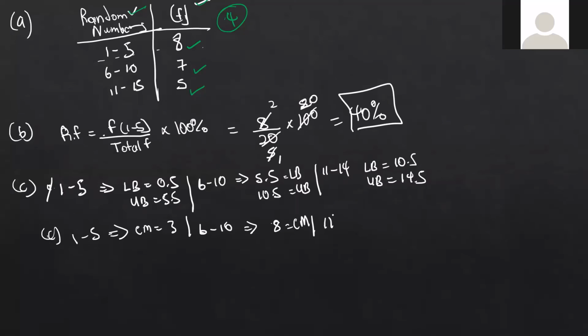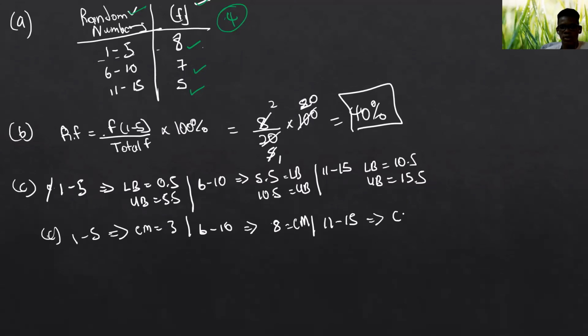Isn't the third class interval 11 to 15? So wouldn't the upper class boundary be 15.5? Yep. I think it's done. Thank you. Good, paying attention. And here again, the class midpoint here would be 13.